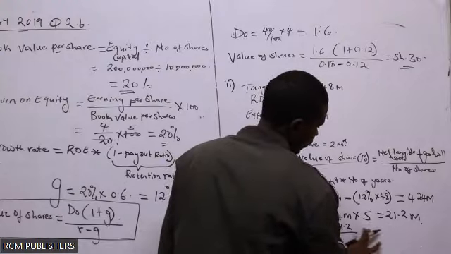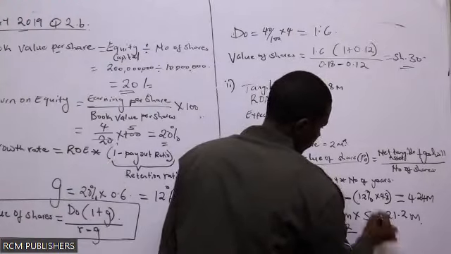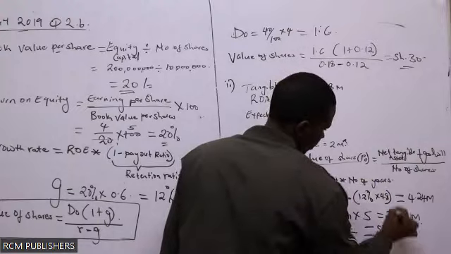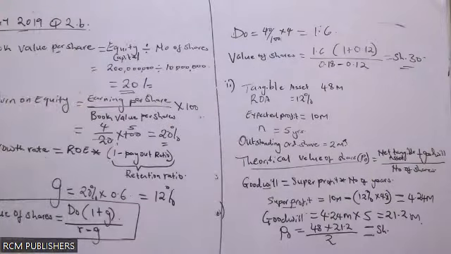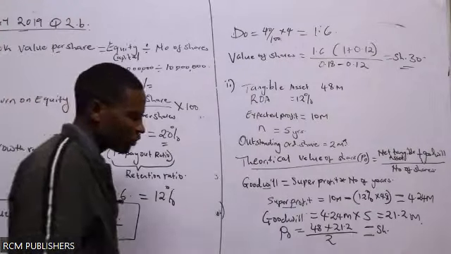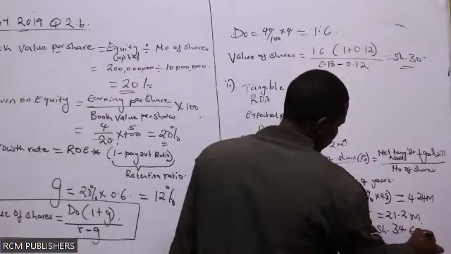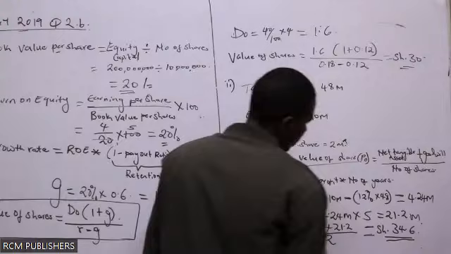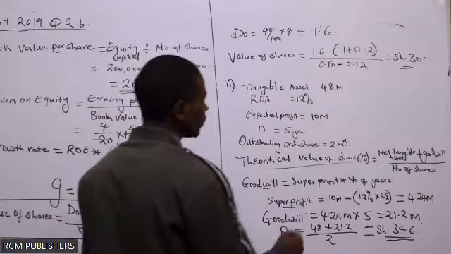So how much is our market value per share? It is 34.6. The important thing here is to understand this formula.